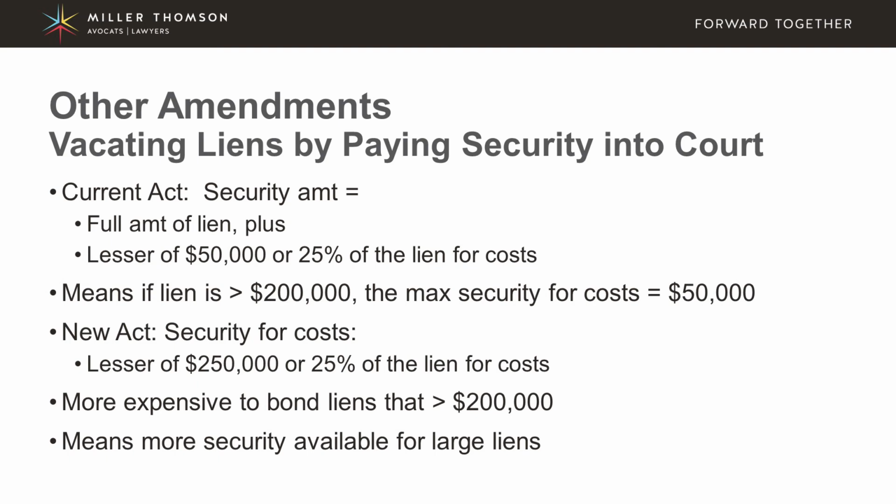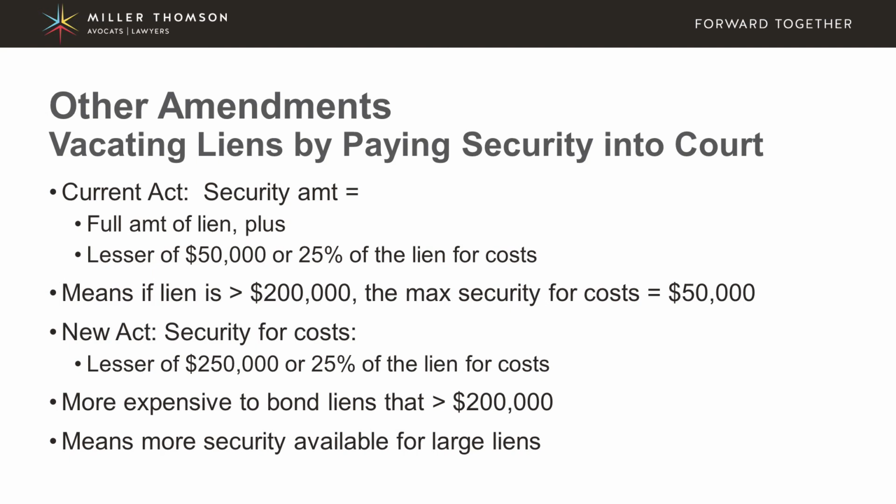Now, the new amendment will allow greater security for costs. So the amendment will state that the lesser of $250,000 or 25% of the lien has to be submitted as security for costs in addition to the amount of the lien.